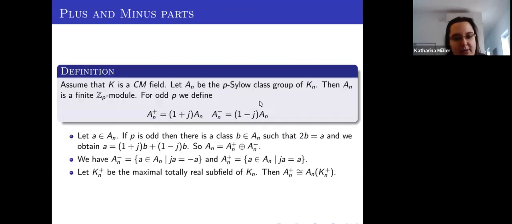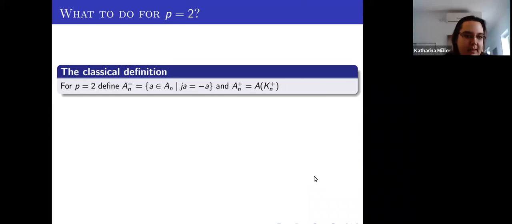And if we go back to p odd, we see that the definitions are equivalent, right? Because if we define A_n^- in this manner, we saw that A_n^- is the -1 eigenspace, and we also saw that A_n^+ is isomorphic to A_n of K_n^+. So we have a definition for p equal to 2 that, if we extend it to odd primes, gives us what we just discussed.